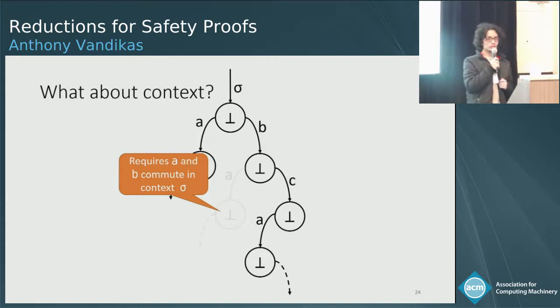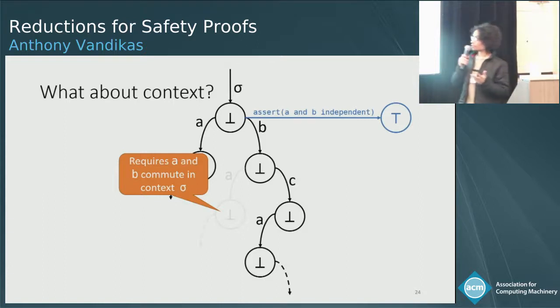So what we're going to do instead is augment our reduction with an additional trace that is only correct if A and B do in fact commute in context sigma, which looks like this. If this trace isn't correct, then this reduction will never be subsumed by the proof, because the proof, which is valid by construction, will never contain the trace sigma followed by assert A and B independent.